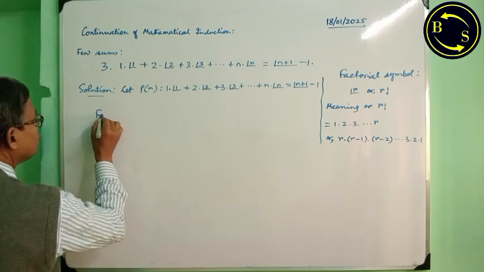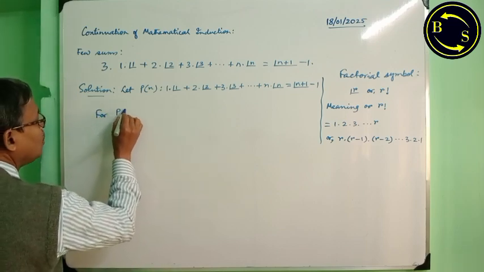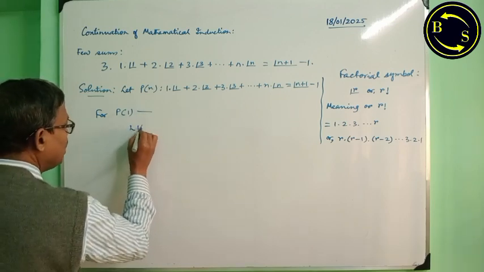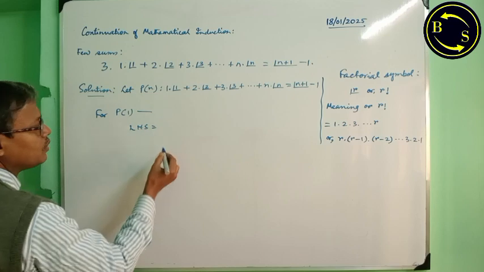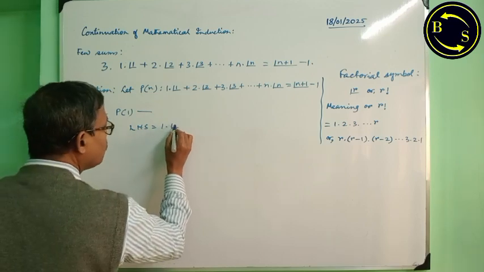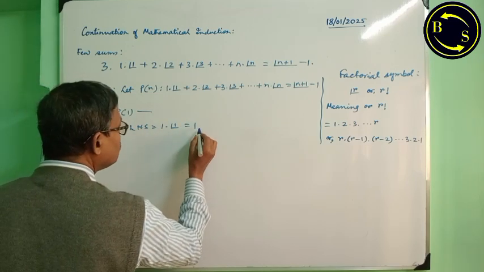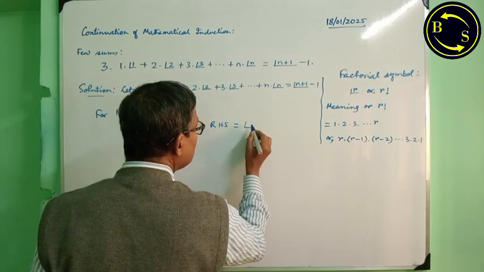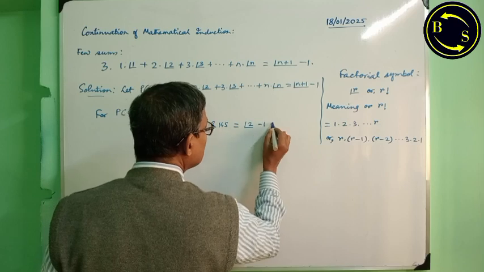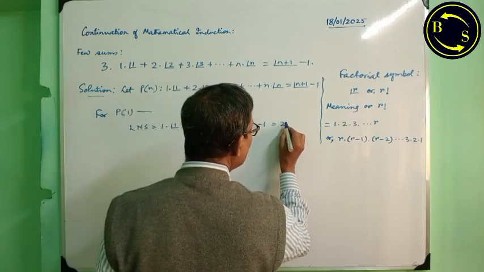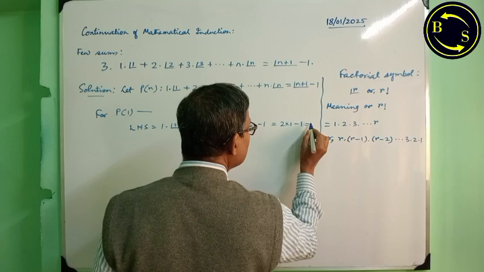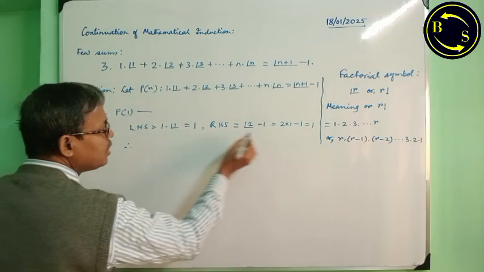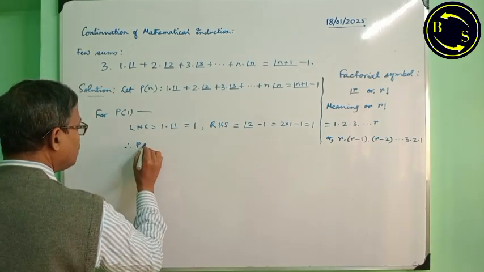For P1, LHS means only the first term, 1 into factorial 1, that is equal to 1, and RHS is equal to factorial 2 minus 1. The factorial 2 means 2 into 1, minus 1. After simplification it will be 1. Therefore, we see LHS and RHS are both the same. P1 is true.